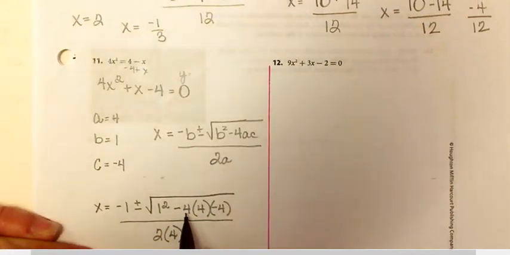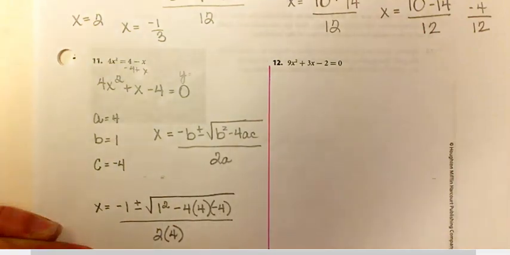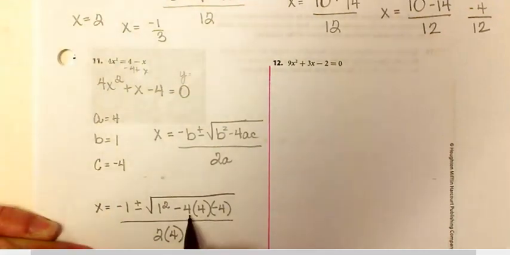All right, negative 4 times 4 is negative 16. Negative 16 times negative 4 is a positive 64 plus 1. We have the square root of 65, it looks like. 4 times 4 times 4 is 64.